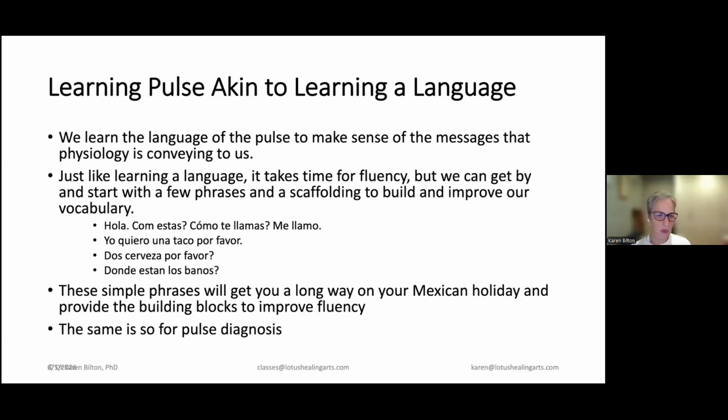My name is, what is your name? My name is, and I would like a taco. I'd like some beer. And where's the bathroom? All those really basic phrases that everybody learns allow you to interact and get around Mexico. And while you're doing that, you learn more, and you can then add to your vocabulary. That's how you build your language skills, and it's exactly the same for pulse diagnosis.